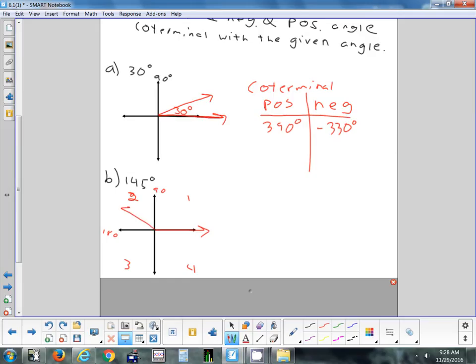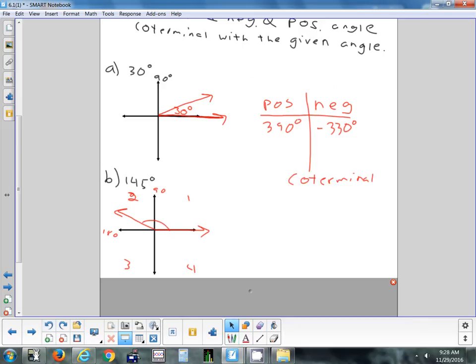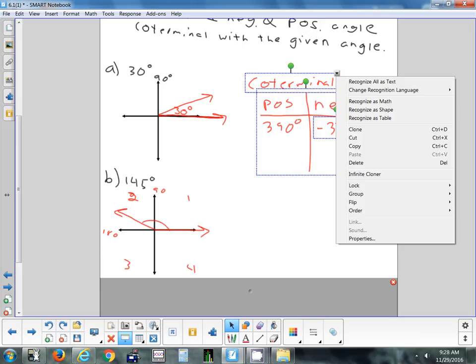So just the best you can, maybe about like that. Looks more than half. And there's our 145-degree angle.